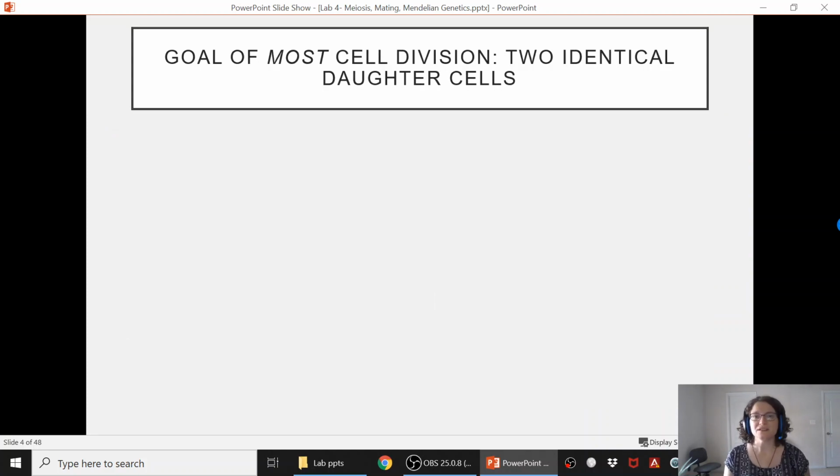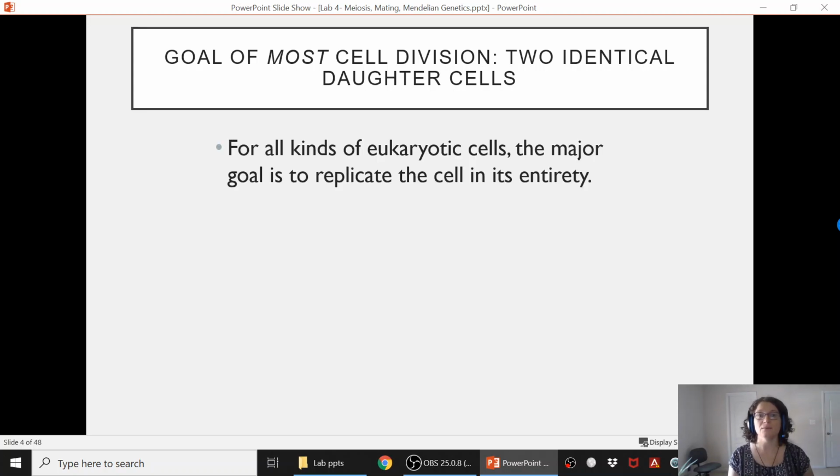So the goal of most cell division is that you create two identical daughter cells. So you want to replicate the cell in its entirety. And we're not going to go through all the stages of mitosis and meiosis. This is, again, not cell biology, just understanding, though, that when this happens, all that happens in your cells is you line up all the chromosomes that have been duplicated and you split them apart.